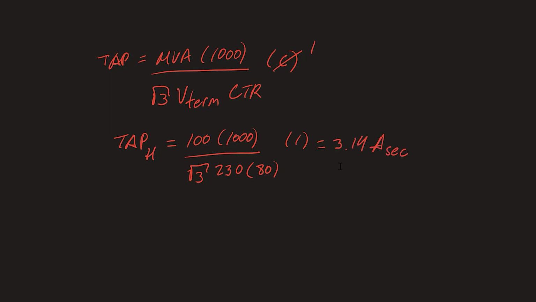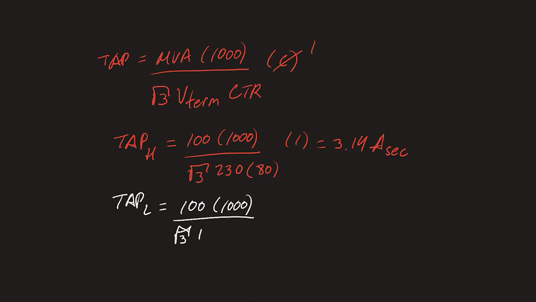Now we can do the same thing for the low side tap. So tap L, and here I'm going to use L for low side, is going to be equal to 100 times 1000. So of course the same MVA rating over the square root of 3 times the voltage.